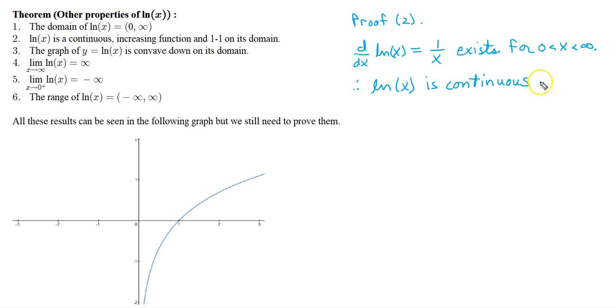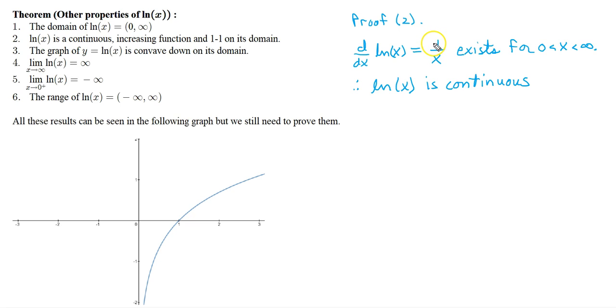Alright, so that proves continuity. Now let's prove that it is an increasing function. Well, that's actually proven by what we have written here as well, because you notice the derivative is 1 over x, and it's always positive for x between 0 and infinity. So therefore our derivative is positive, and so our function must be increasing.